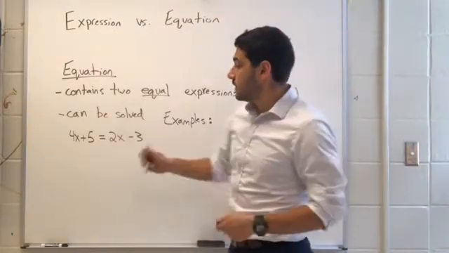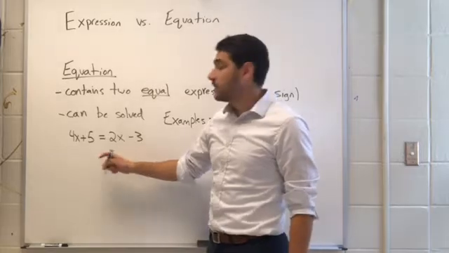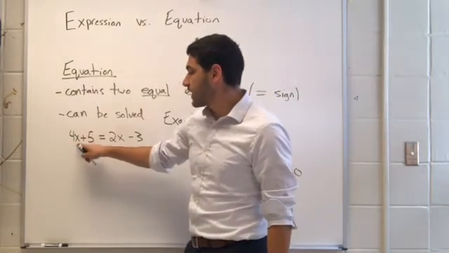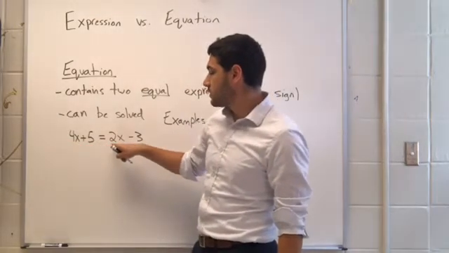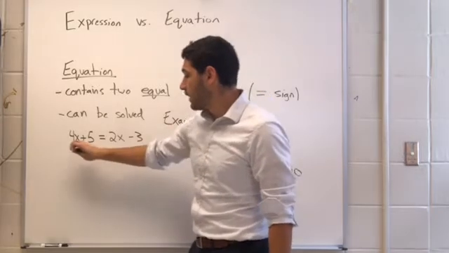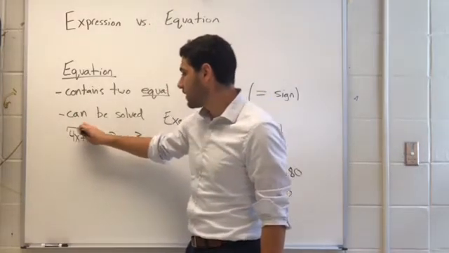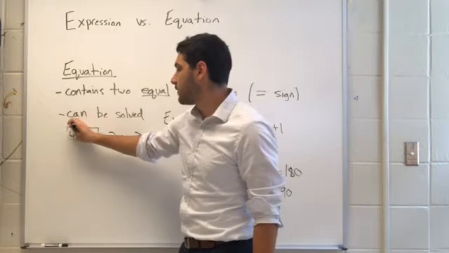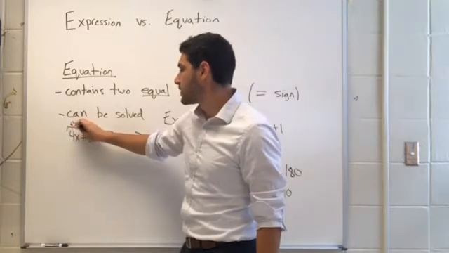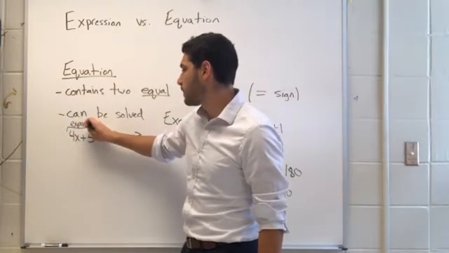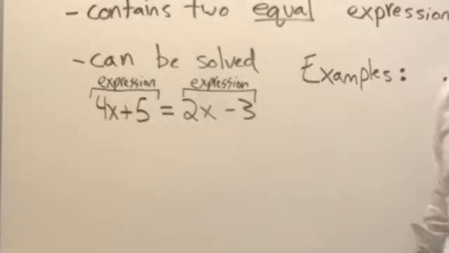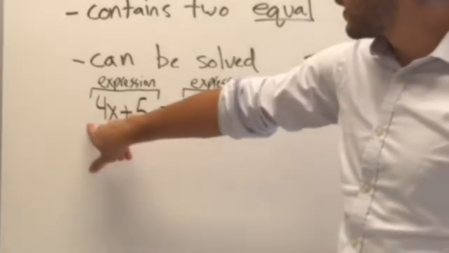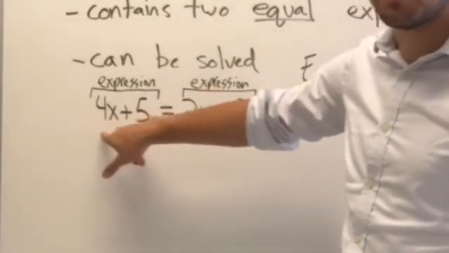Now, in this example of an equation, you'll see we have 4x plus 5 equals 2x minus 3. And if you notice, on either side of the equal sign, we have expressions. So on the left side of the equal sign, we have the expression 4x plus 5.